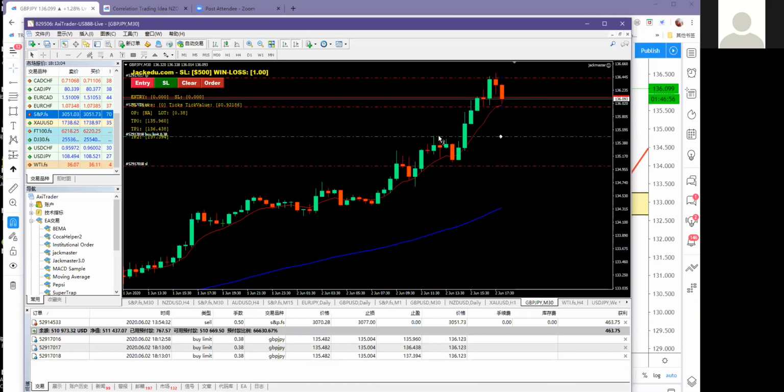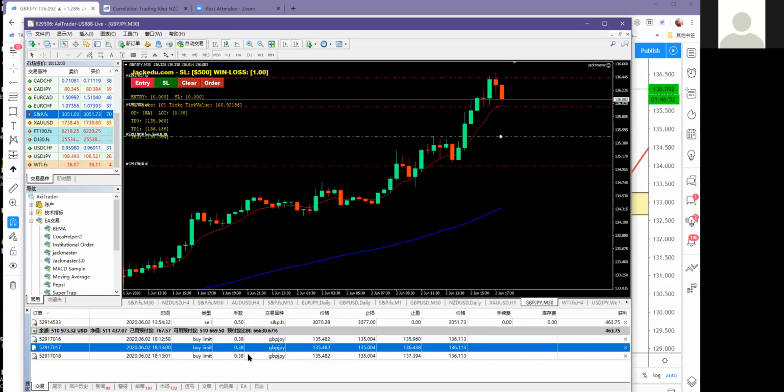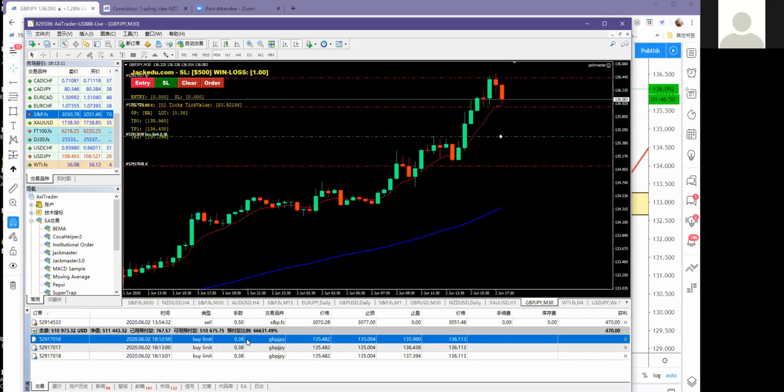You can see the Jack Master has helped me to make 3 portions of 0.38 lot of sterling yen at 135.482, and stop loss here. Each trade is going to risk $167, so the total of 3 will be risking 500. And that's the trade I'm going to take for sterling yen.